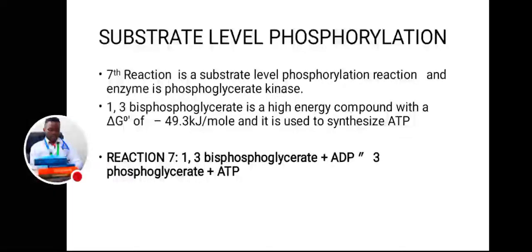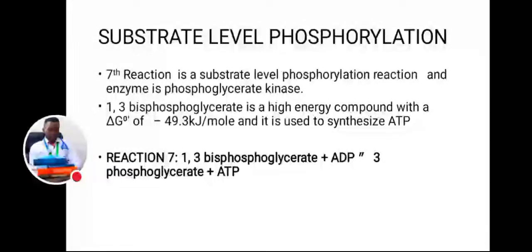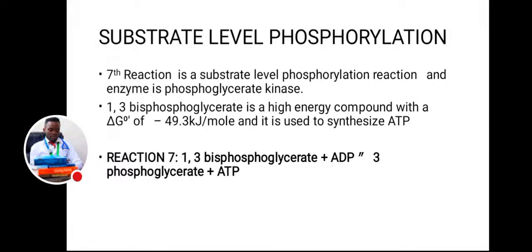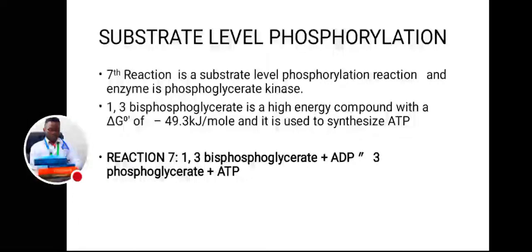It means that the enzyme that catalyzes the seventh reaction is called phosphoglycerate kinase, which acts on 1,3-bisphosphoglycerate, a high-energy compound with a ΔG of negative 49.3 kilojoules per mole, and the energy is used to synthesize ATP. That is reaction number 7.